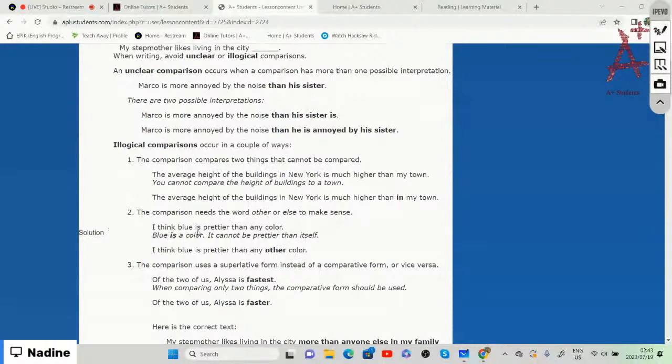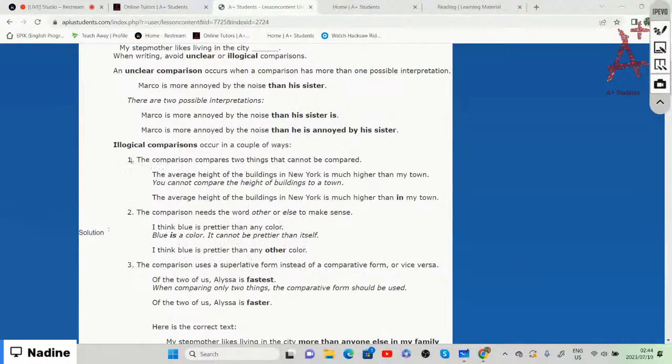I think blue is prettier than any color. I think blue is prettier than any color, right? So blue is a color and it cannot be prettier than itself. Or I think blue is prettier than any other color, right?